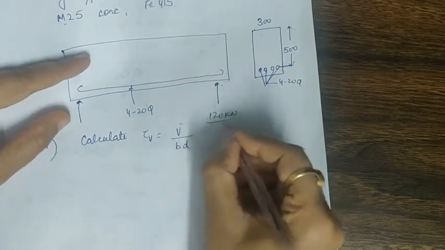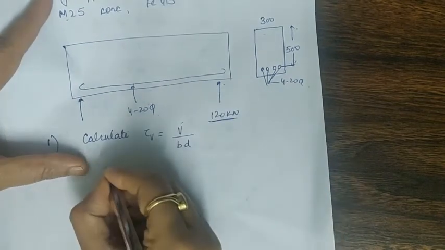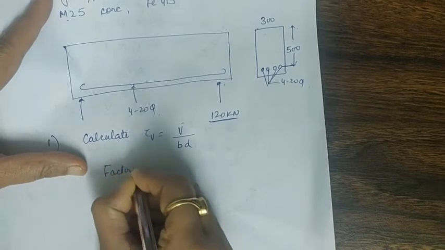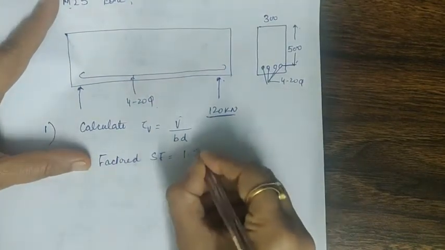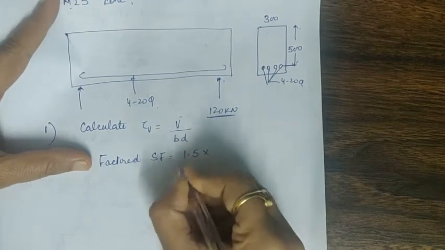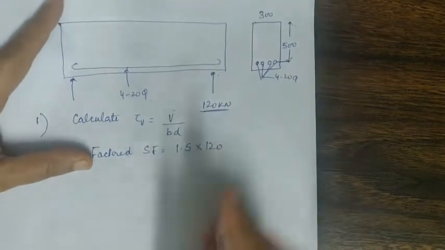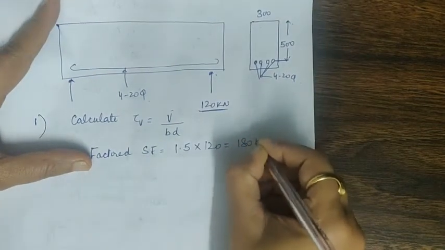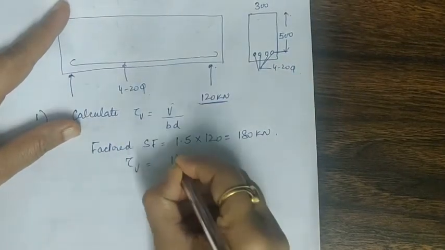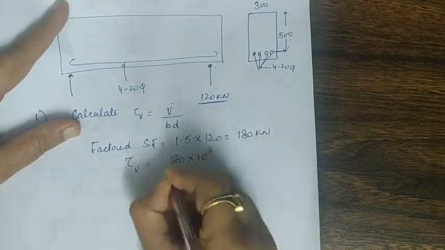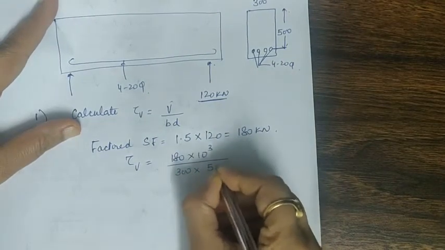Over here what is given is the service or working shear force, so first we will make it the factored shear force. We all know the factor of safety for loads is 1.5. So 1.5 into 120 is 180 kilonewton. So tau V is 180 kilonewton upon B is 300, D is 500.